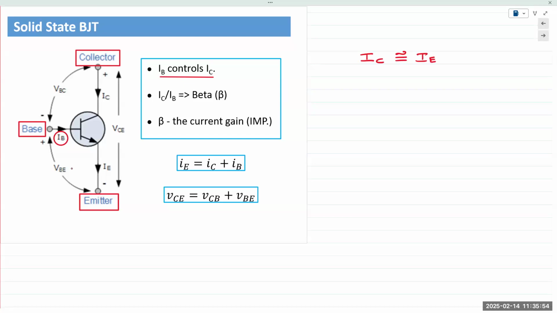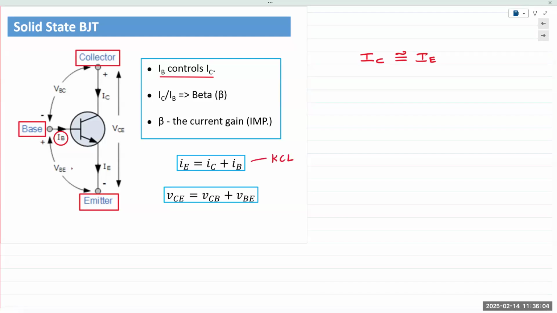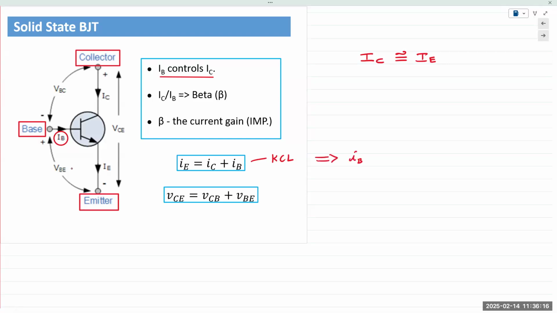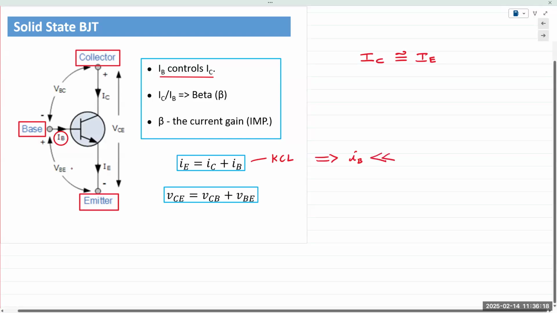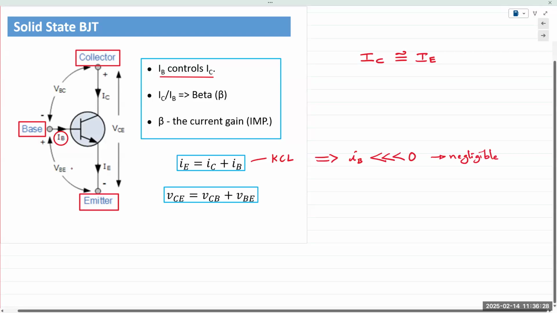If you treat the transistor as a single node and you apply KCL, we can write that the emitter current is the sum of both the collector and the base currents, IC plus IB. However, IB is typically very, very small, typically in microamps.